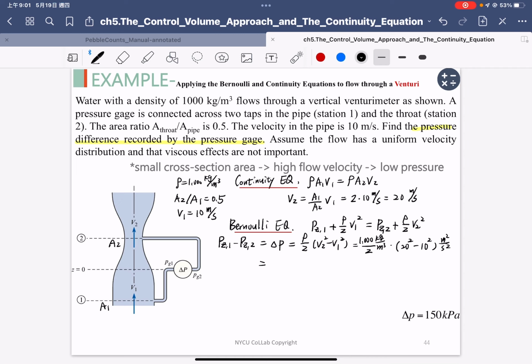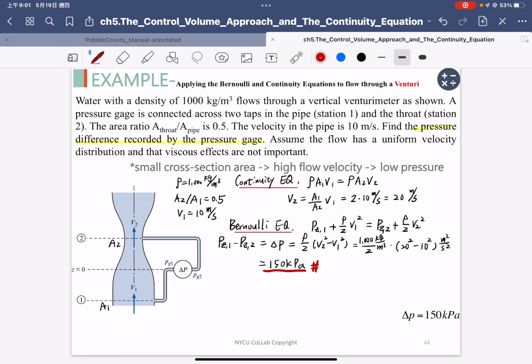You can use your calculator to double check the answer shown here: 20 squared minus 10 squared, multiplied by the density, divided by 2. So the answer is equal to 150 kilopascals. So that is our final answer.